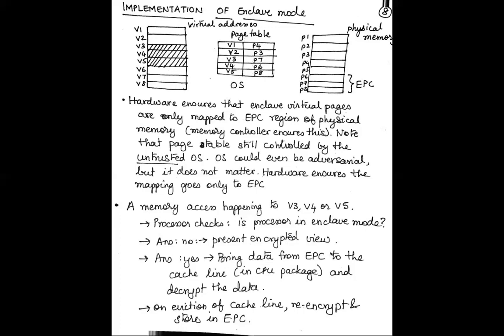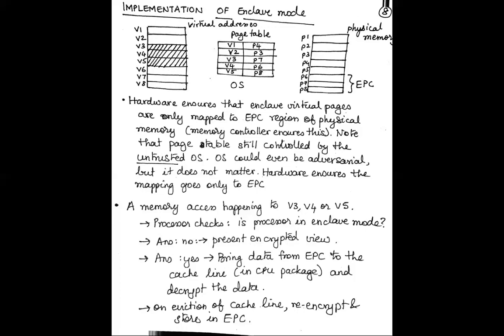Now, the way that SGX is implemented is that the SGX hardware ensures that the enclave virtual pages are only mapped to the EPC region of physical memory. The memory controller actually ensures this. So when you create an enclave in a process virtual address space, the processor is aware of exactly which virtual memory pages correspond to enclave pages.